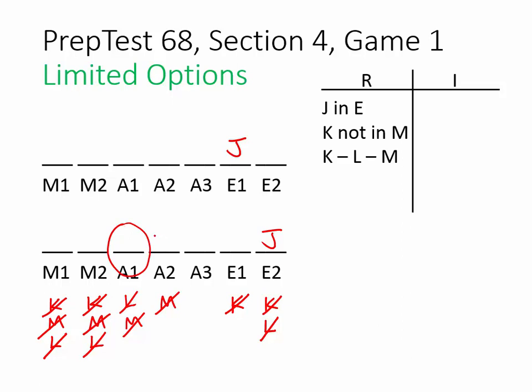So the earliest place that L could go is right there, and the earliest place that M could go is right there. So we have some pretty significant limitations, although we weren't able to fill in a tremendous amount to either of our limited options. So with that in mind, let's move on to the questions.